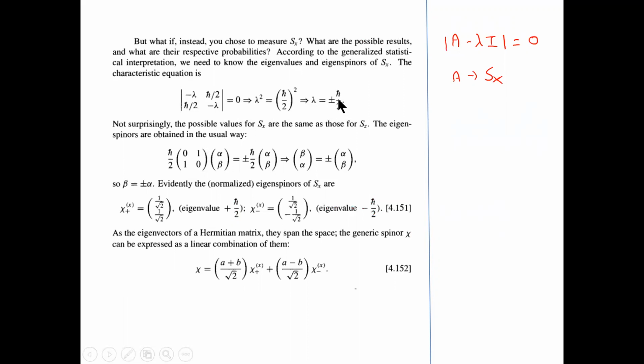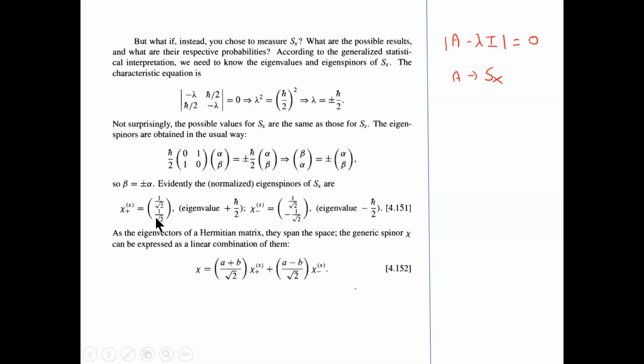You get the eigenvalues lambda equal to plus or minus ħ/2. From the eigenvalues, you can now find the eigenspinors. It's just like solving an eigenvalue problem: once you find the eigenvalues, you can find the eigenvectors, which in this case are called eigenspinors.